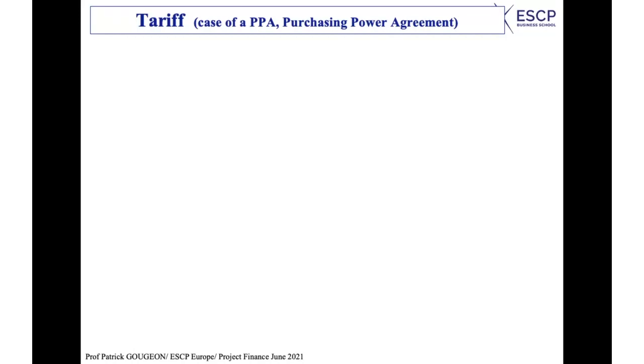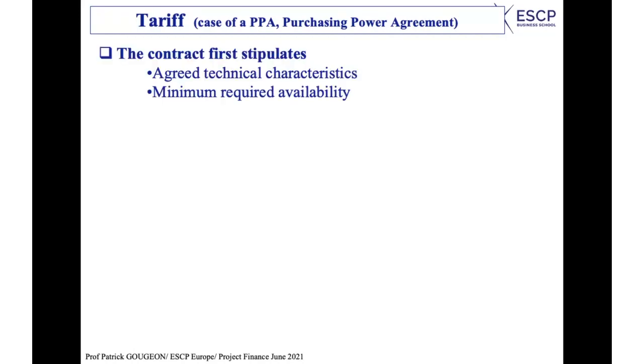The contract will stipulate actually two things. If the project concerns a power plant, as with the wind farm we have seen in Vietnam, there are agreed technical characteristics. This would apply more to a gas power plant. Let's assume a gas power plant, it will be more complete and more interesting for us.